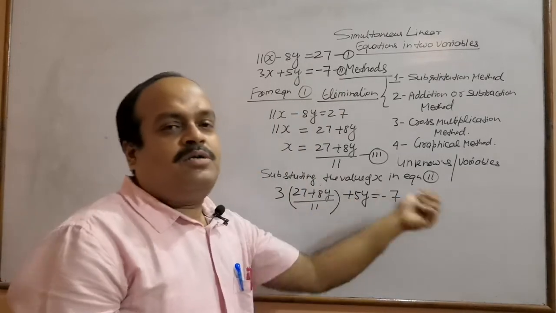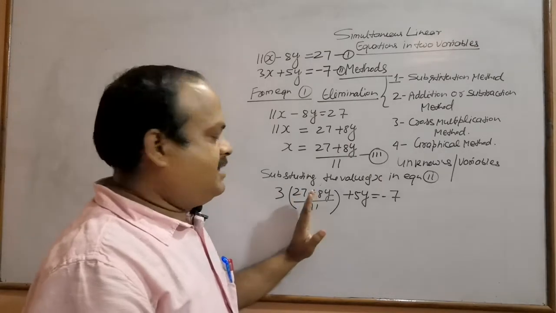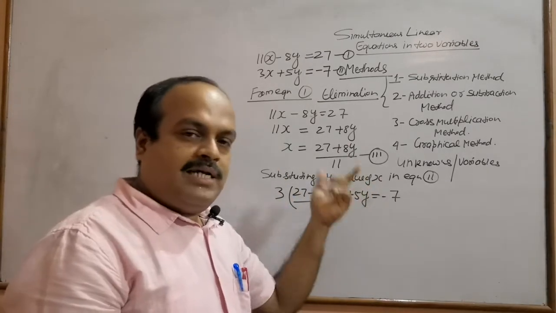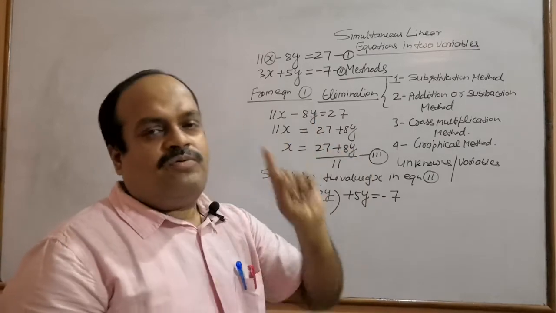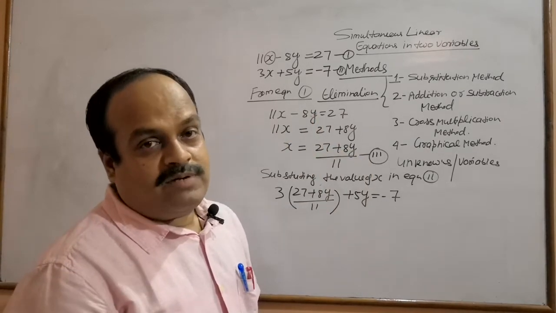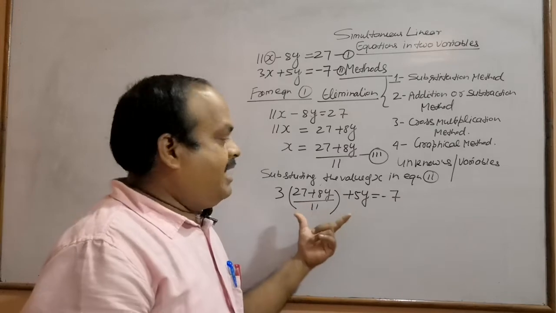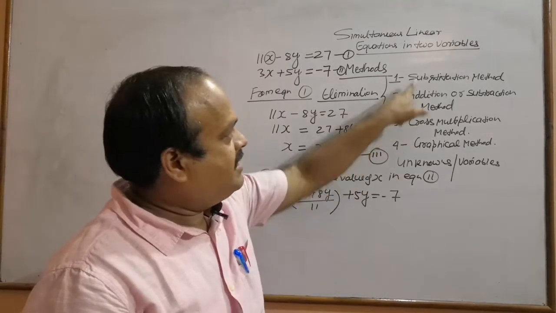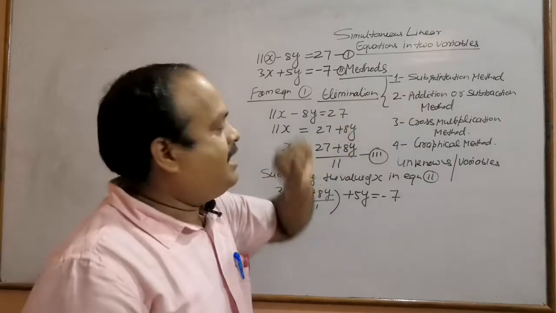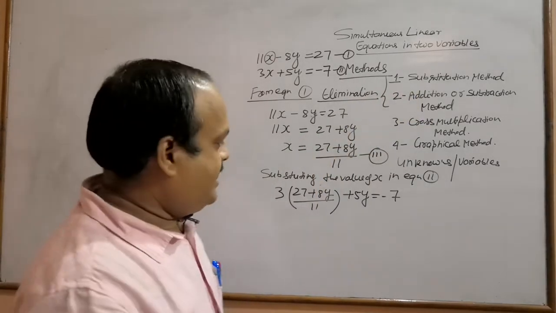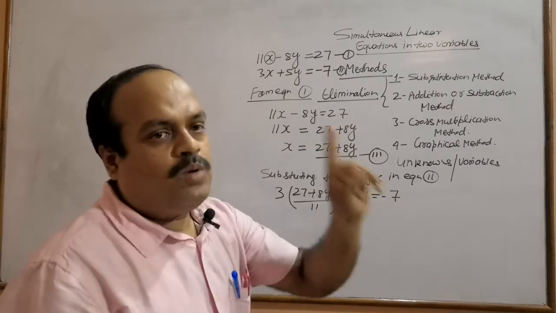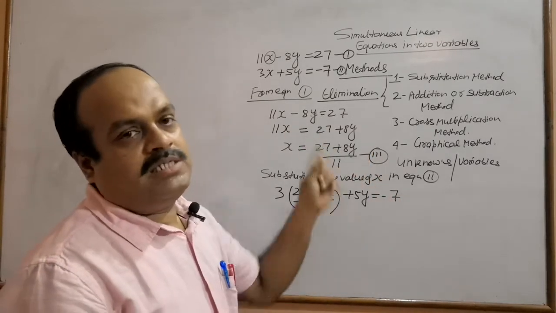The equation which I have got now, after substituting the value of x in equation number 2, has one unknown only. This is a term of y, this is another term of y. So we have an equation with one variable only, and that's why we can say we have now eliminated x. That's why this method involves elimination. So this is an equation in one unknown, and that unknown is y.